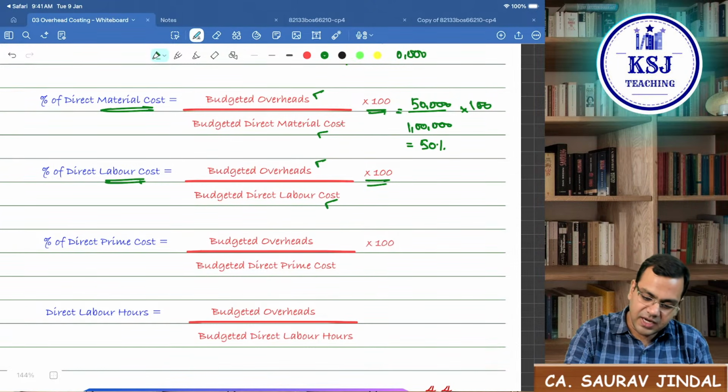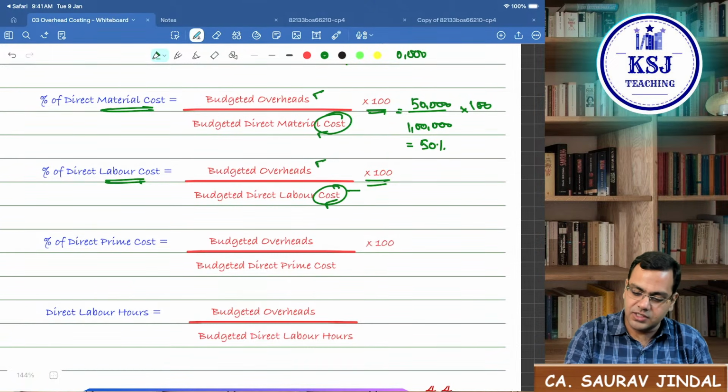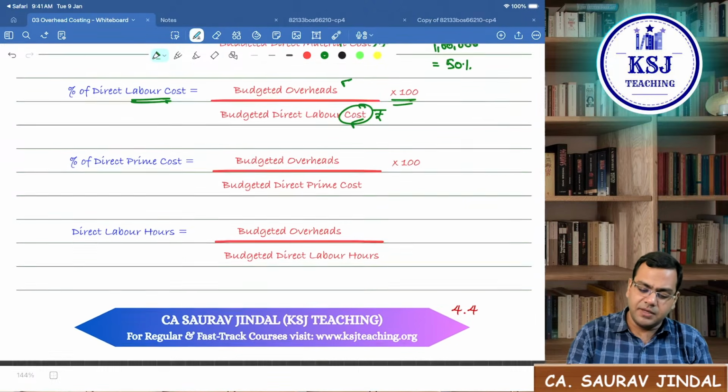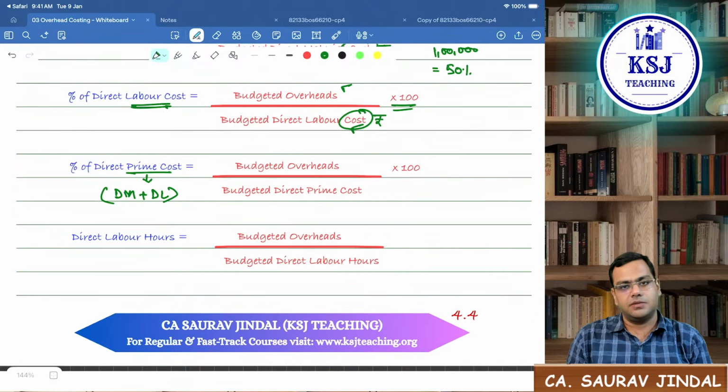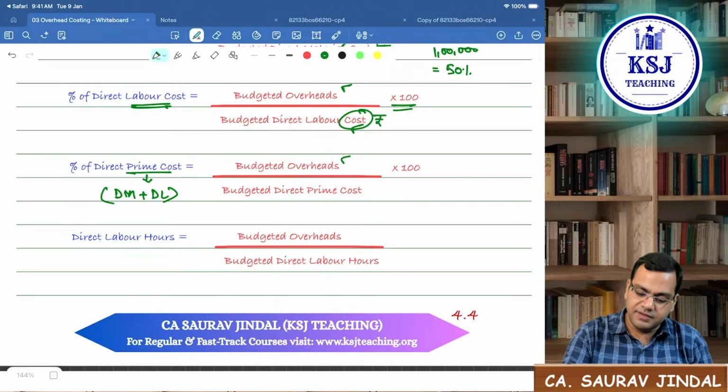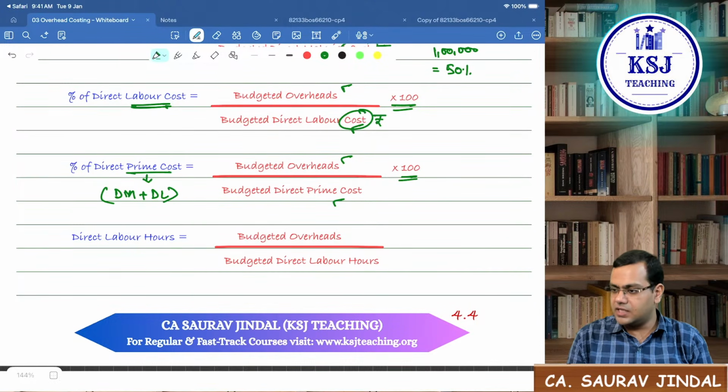Here we are taking the word cost, that is rupee terms, only then can we calculate the percentage. Then the percentage of the direct prime cost. What is the prime cost? Prime cost is the sum total of direct material cost plus direct labor cost. So budgeted overheads divided by budgeted prime cost into 100. This is another method.